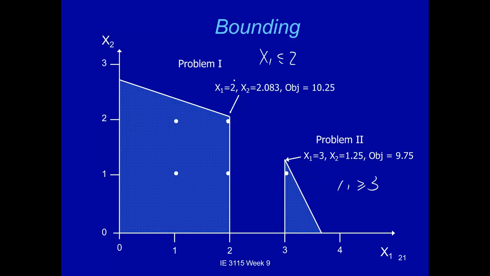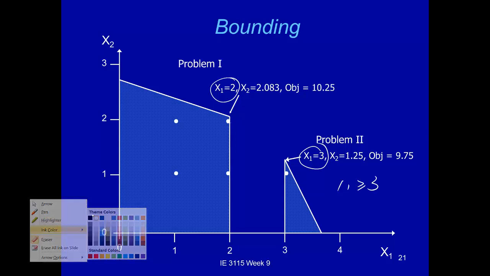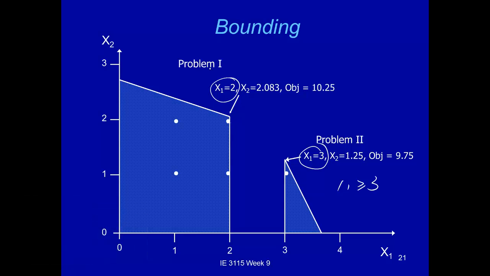Now our x2 is not an integer. If we look at problem 1, it's not the integer solution yet, because x2 is still not an integer. How can we keep branching it?